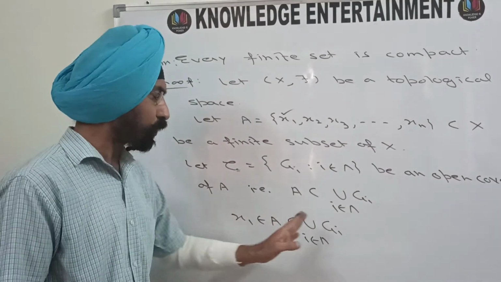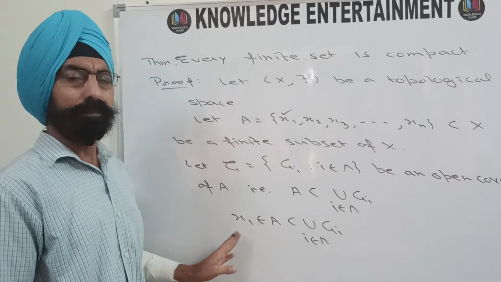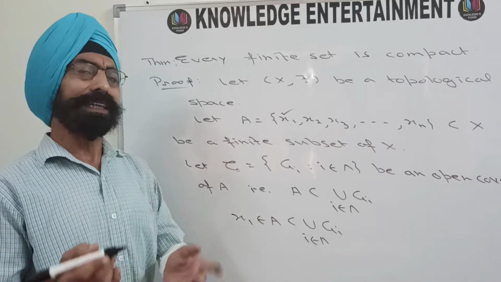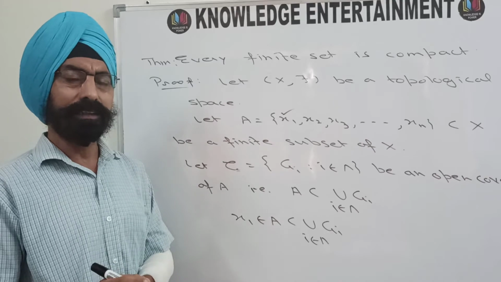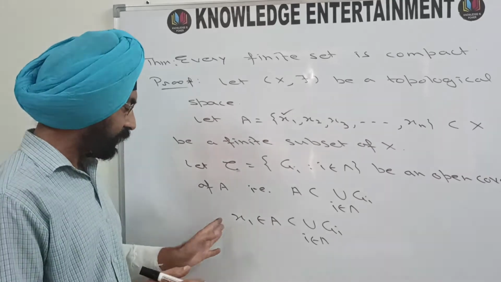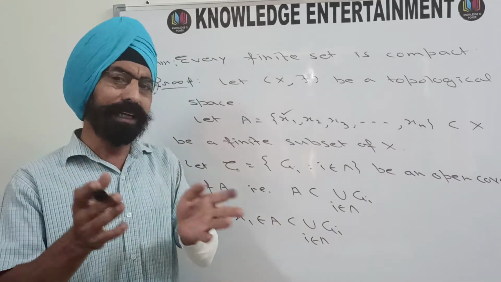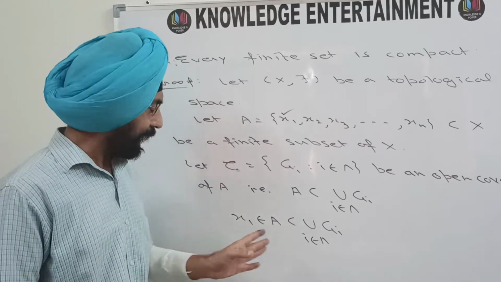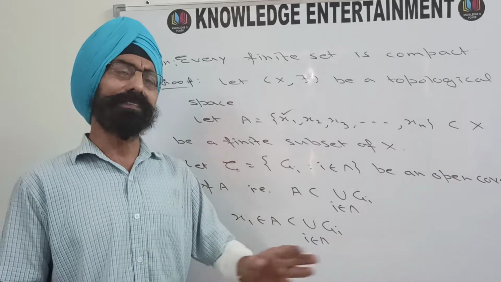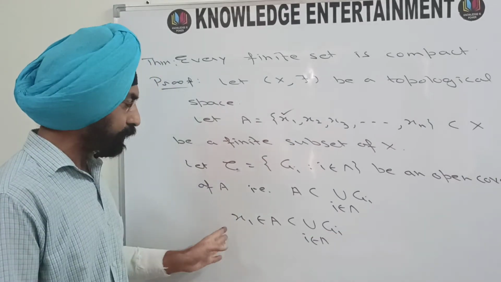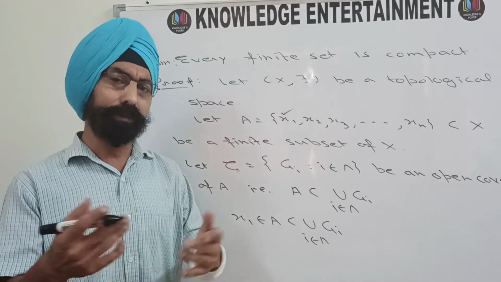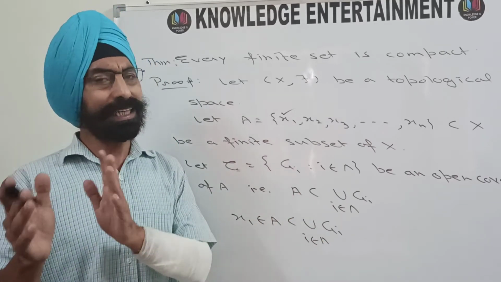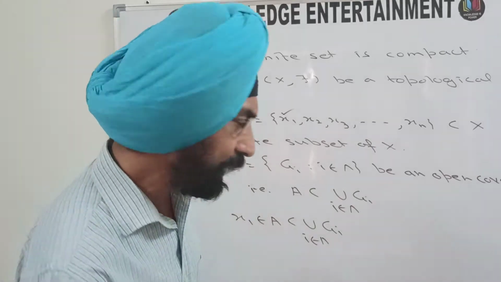And if x1 belongs to this union, then x1 must be in some particular Gi. So let Gi1 be the set in which x1 is there. I am taking i1 to be the minimum among all i's to which x1 belongs, because x1 may be in several Gi's. x1 may be in Gi1, maybe in Gi2, maybe in Gi3. So I am taking the smallest i1 such that x1 belongs to Gi1.